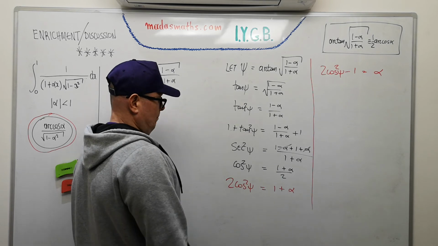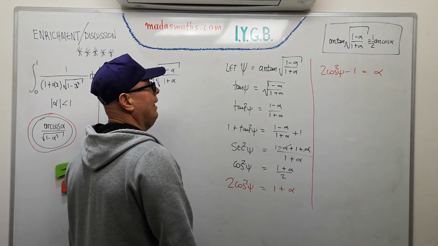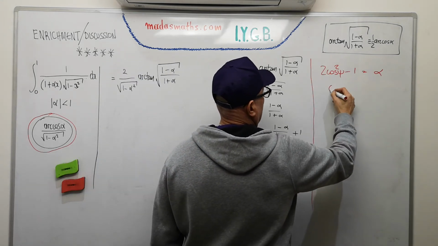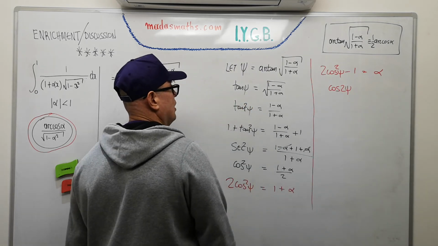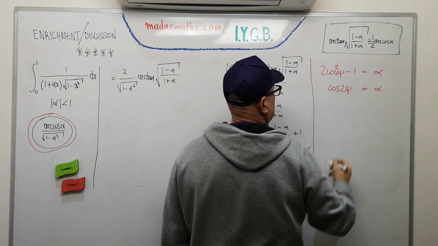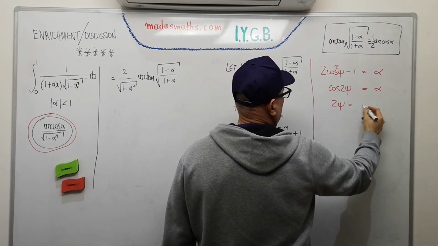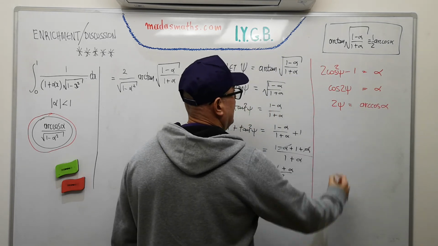I subtracted 1. So when I subtract 1 from there and there, that gives me alpha. And now I think I begin to smile. This is now an identity. That's of course the cos of 2 psi, and that of course is equal to alpha. 2 psi is equal to the arccos of alpha.